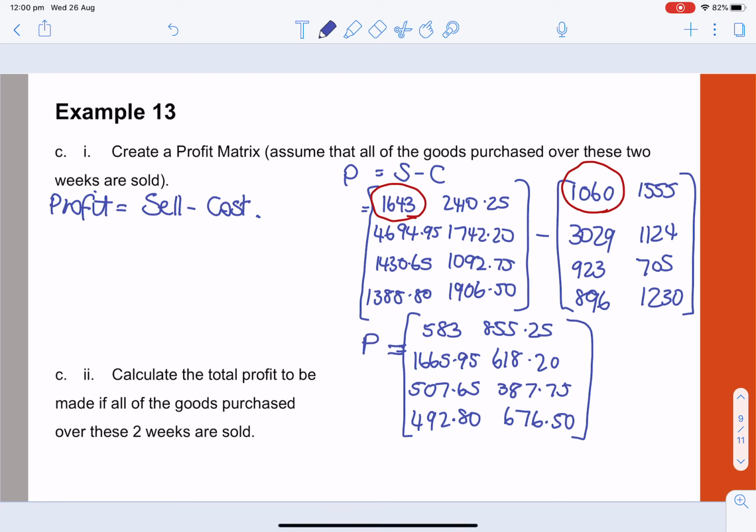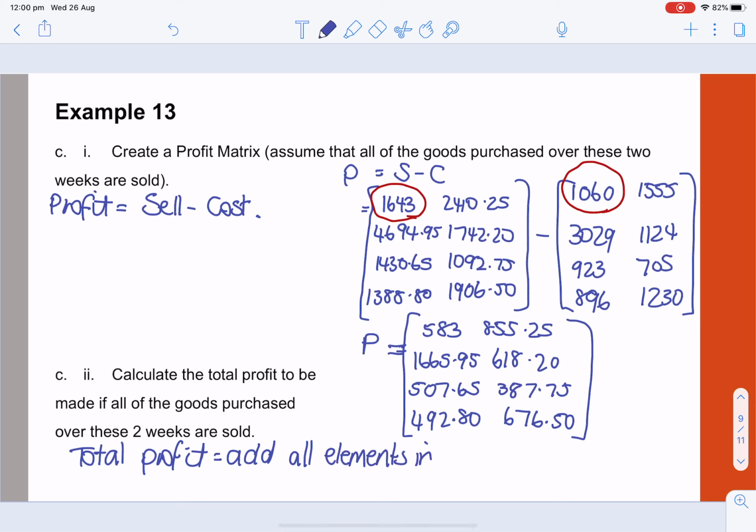Part 2 of part C says calculate the total profit to be made if all the goods purchased over these 2 weeks are sold. So what we then do is we go and we find the total profit by adding all elements in P. So we do 583, I don't have enough room to write everything, plus 855.25 plus 1665.95 all the way in.